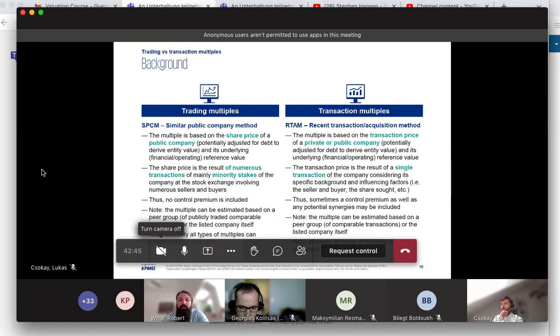And when you contrast this to trading multiples, you see that this is basically the opposite, right? So there's certainly no premium for control, because again, you're just buying one or two stocks in the company. And you definitely have no synergies, because you're buying just shares in a company rather than the entire company, right?